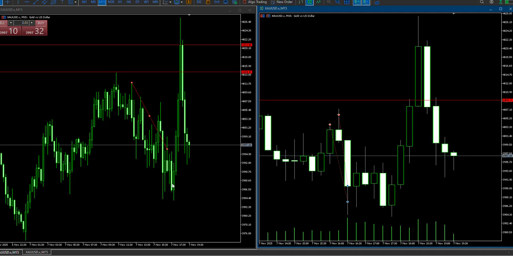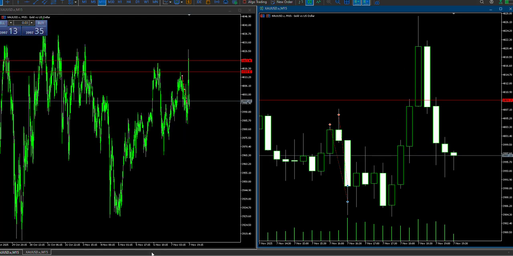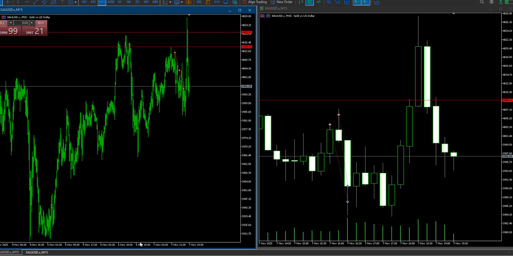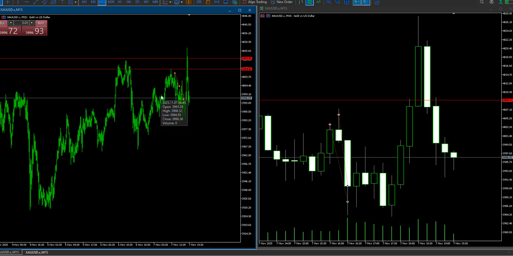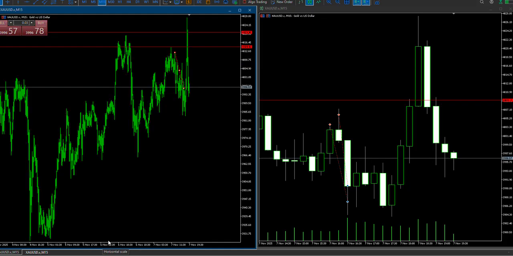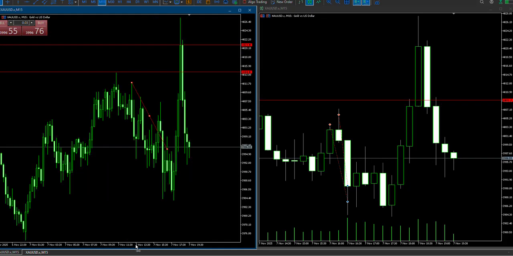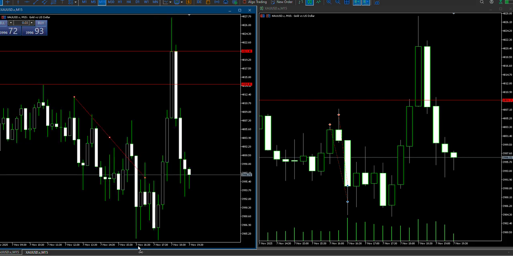So for someone who wanted to trade this buy, what would that someone do? That someone will just wait and be patient. To trade the buy, you have to wait here and go on 5 minutes.